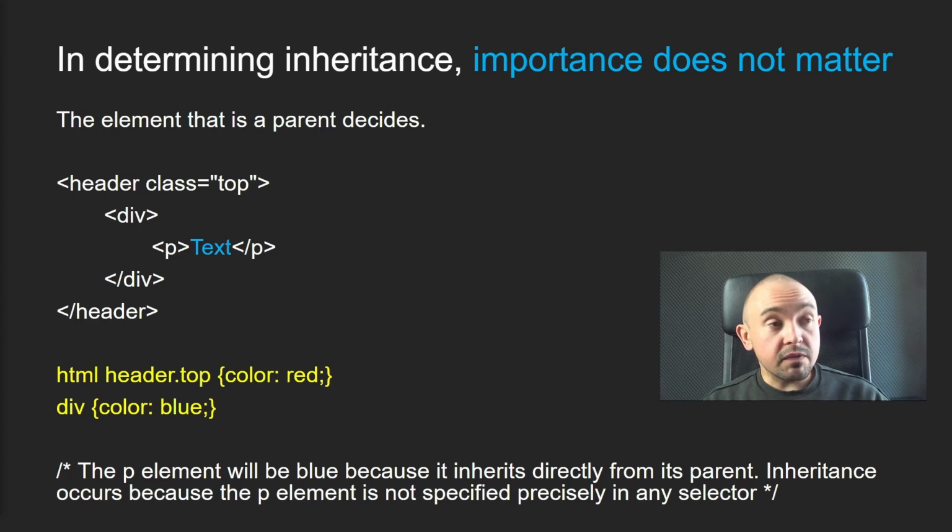We can see that the first rule is more important in the principles of cascading, but the second rule refers to the parent of our p tag. So our p tag will inherit the color from its parent, which is the div tag, and the color will be blue.